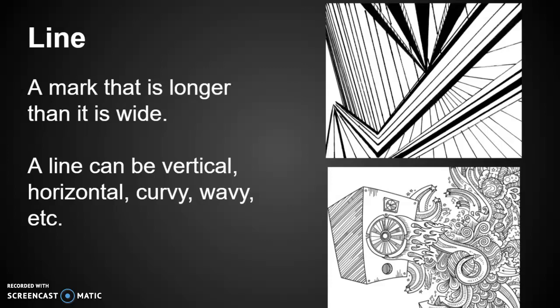So this is pretty straightforward. What is a line? A line is something that is longer than it is wide. Okay, so you can think about all the different types of lines that you could draw. You could make vertical, horizontal, dotted, dashed, or wavy.